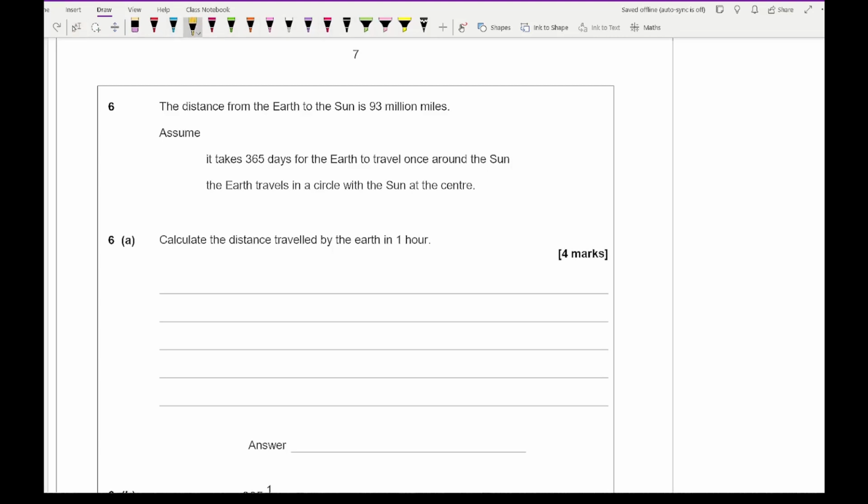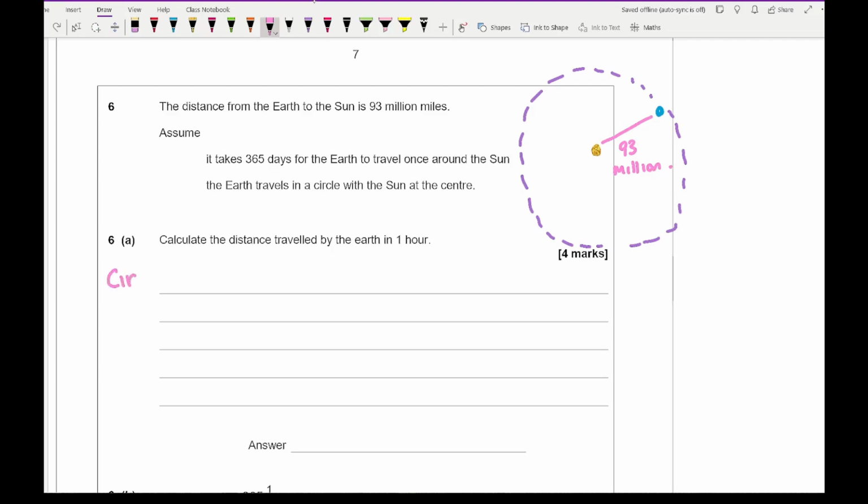Now, with this, if I just imagine this is the Sun and this is Earth, and we know that it's going to go in a circle. Excuse the dodgy circle there. And we can see that the radius between there is 93 million. So what I need to do is work out what the total circumference is.